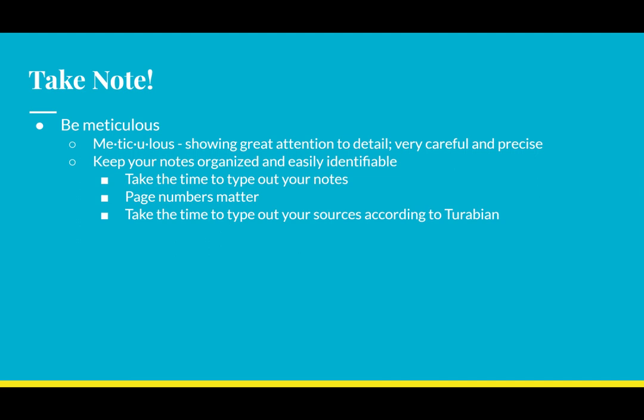Also, when you type out your notes, and again, I didn't have this exactly the way that I should have in the notes that I showed you in my Harlow's Weekly notes, but it was pretty close. But take the time to type out your sources according to Turabian. When you have it readily available like that, getting those typed out so they're ready for your footnotes is a matter of just copy paste.